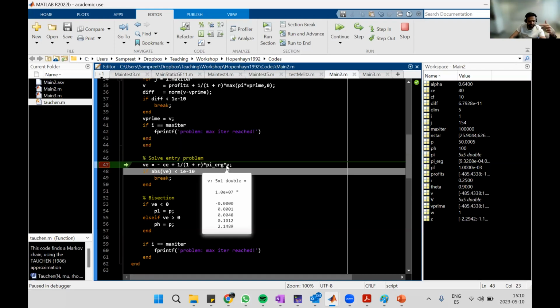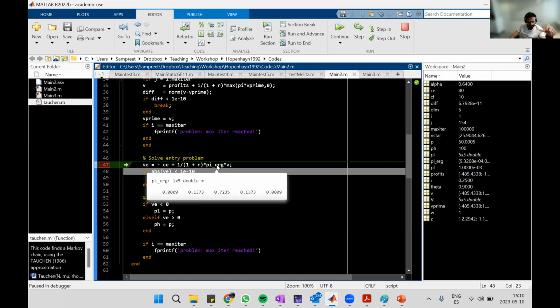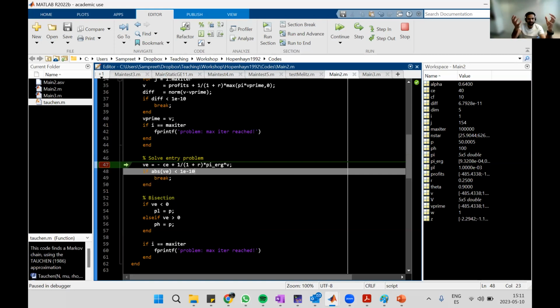I need to compute an expected value of entry, using the exogenous distribution of what I will be. There is a distribution mass of 0.009 that I will be Z1 type, 0.13 that I will be Z2 type, 0.72 that I will be Z3 type, and similarly Z4 and Z5. So I'm computing the expected value of this.